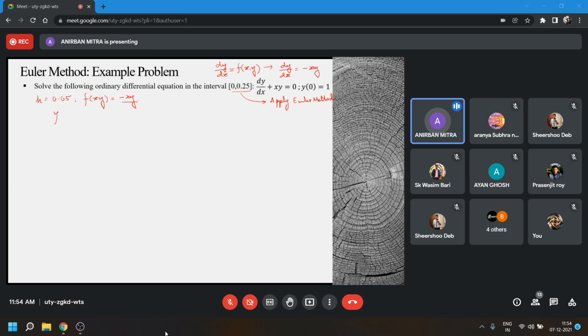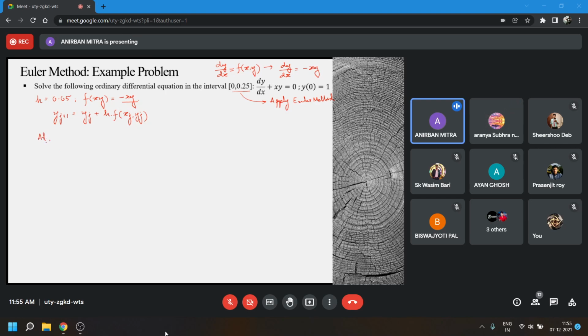And what is the Euler formula? y_{j+1} is equal to y_j plus h into f of x_j, y_j. So we'll repetitively apply this formula in order to get the approximate solutions.